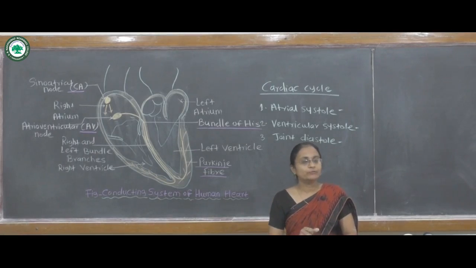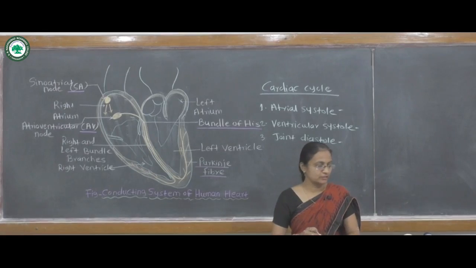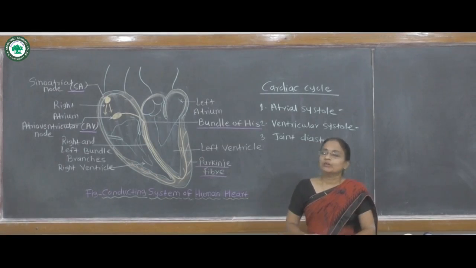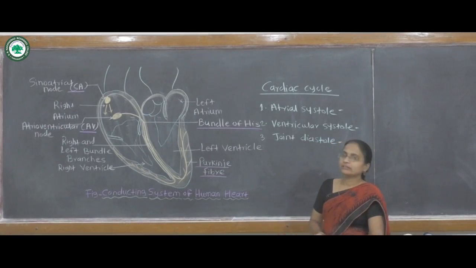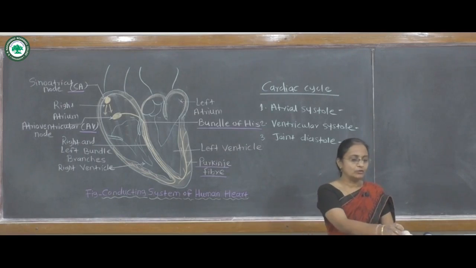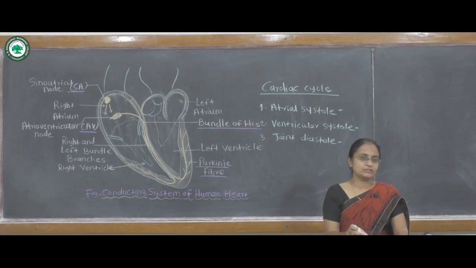During the first event, the atrial systole takes place, meaning both atria work at the same time, then both ventricles work at the same time, and when all of them go to the relaxed stage, the joint diastole takes place.